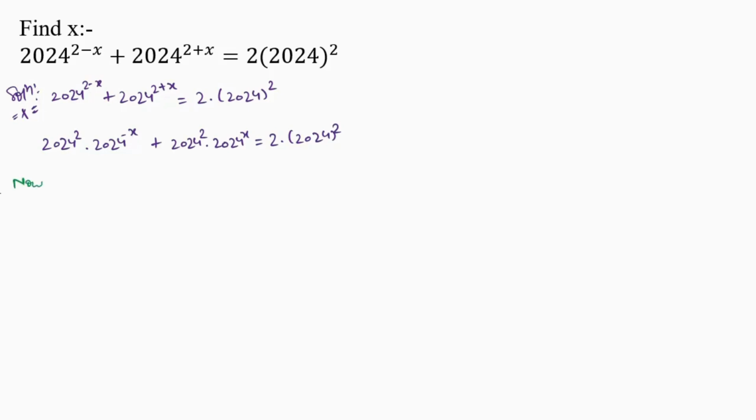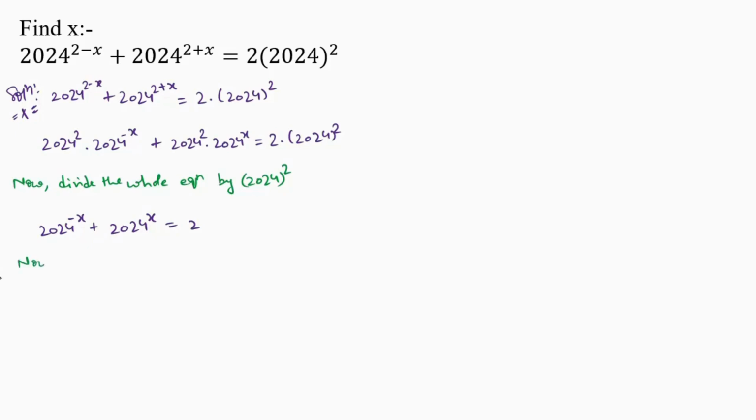Now divide the whole equation by 2024 raised to power 2. So we get 2024 raised to power minus x plus 2024 raised to power x equals to 2.